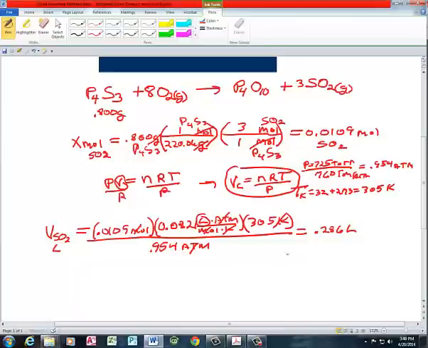That's our answer in liters, but we were requested to get the volume in milliliters, so we'll take 0.286 liters and multiply by 1,000 because there are 1,000 milliliters in every liter, which gives us a grand total of 286 milliliters.